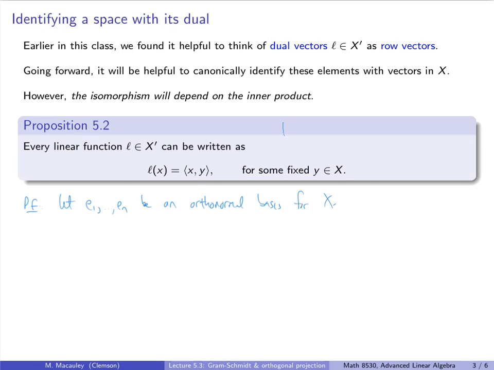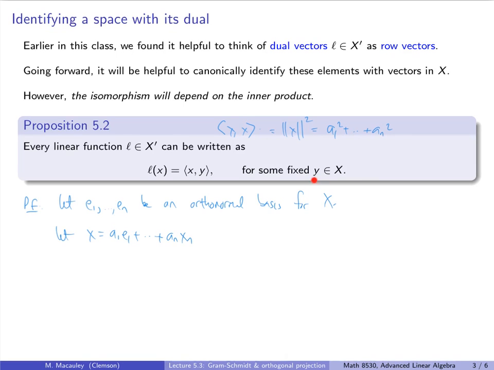In other words, let X be A1 E1 plus all the way up to An En. Remember the norm squared of X is A1 squared plus An squared. In other words, this is the inner product of X with itself.